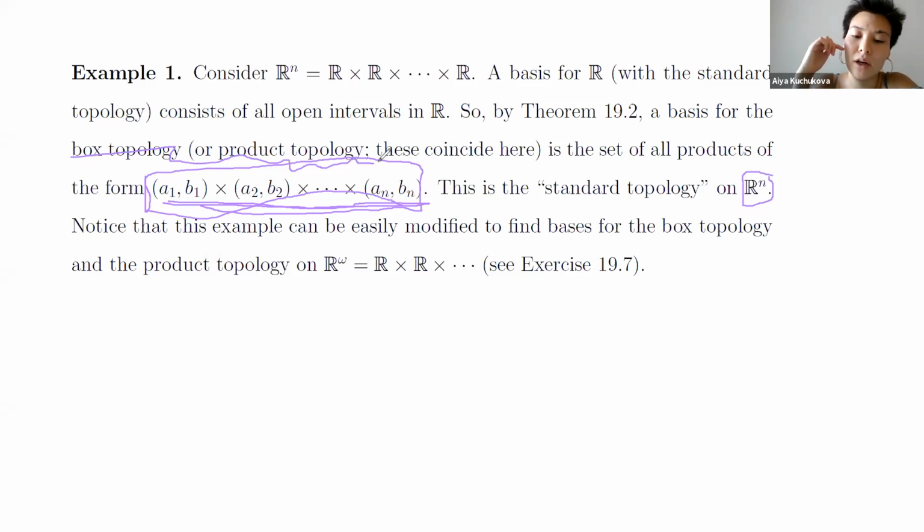What happens when you have an infinite dimensional space? Then the box topology is finer than the product topology. Right. Is that because you're allowed to have restrictions infinitely many times? Yeah, yes. Okay, sure. Makes sense. Thank you.